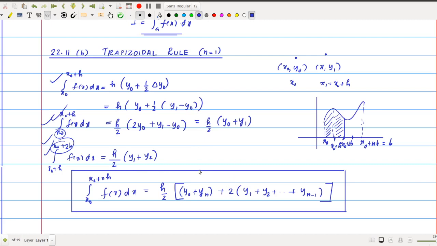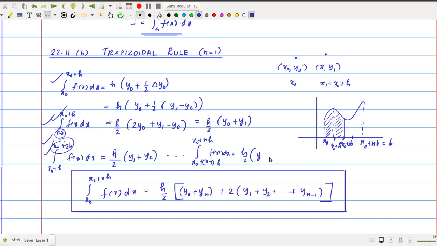Okay, so this is because of extending this to the interval x0 plus n minus 1 h to x0 plus nh. Here again the difference is 1. Then you will get the integral of f of x dx as h by 2 times this.